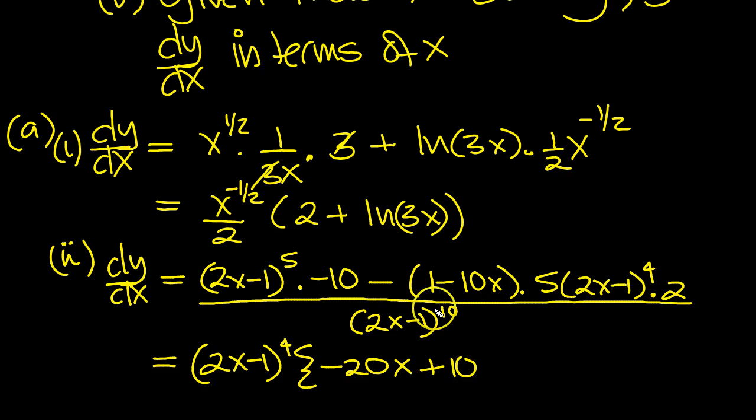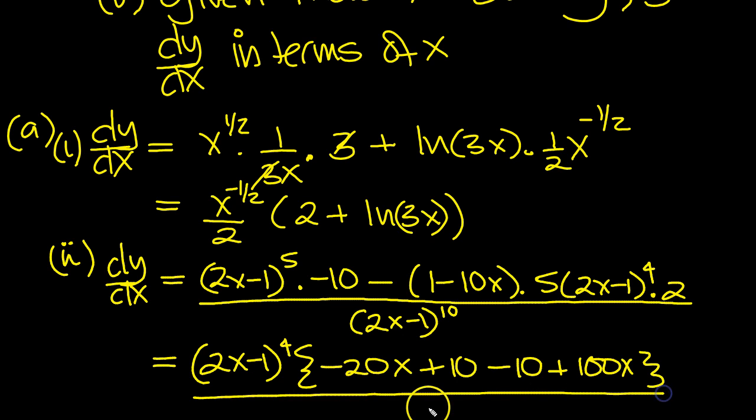Here, this has gone completely because we've taken it outside the bracket, and we've got a 10 here. Minus 1 times the 10 is minus 10. Minus times a minus is a plus. 10x times another 10x is 100x squared. All over the 2x minus 1 to the power 10.